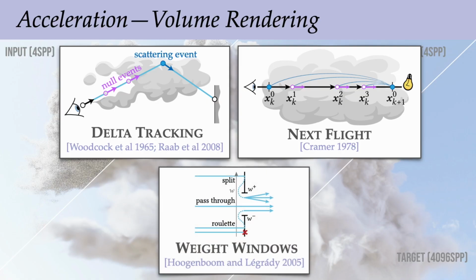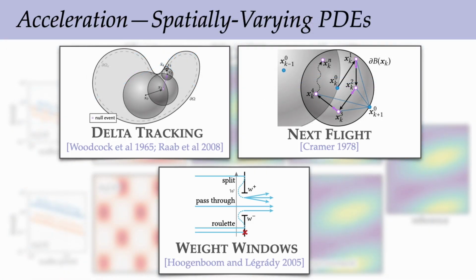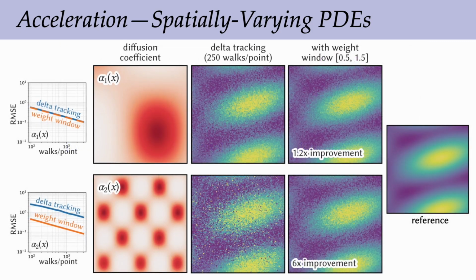And weight windows make sure that all paths have roughly equal weight by either splitting high weight paths into multiple independent paths or killing low weight paths with Russian roulette, again, increasing efficiency. So we've done some work to adapt all of these schemes to something appropriate for walk-on spheres, and in practice we get the same kinds of improvements in efficiency as people do for volume rendering.